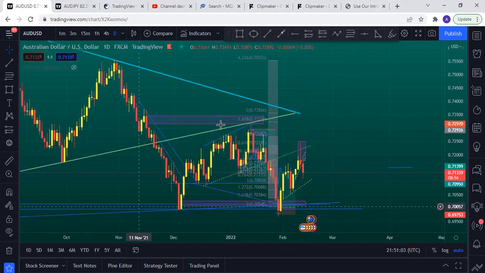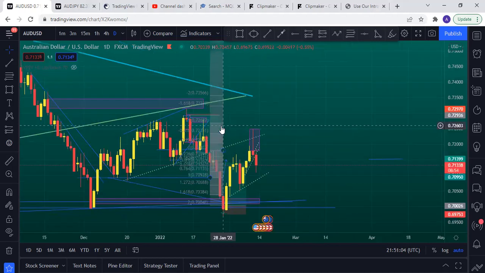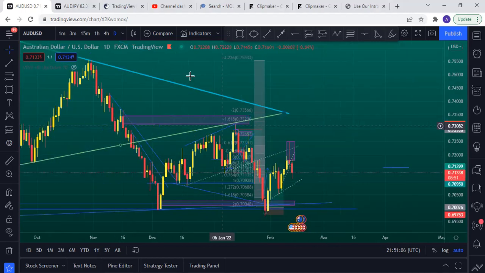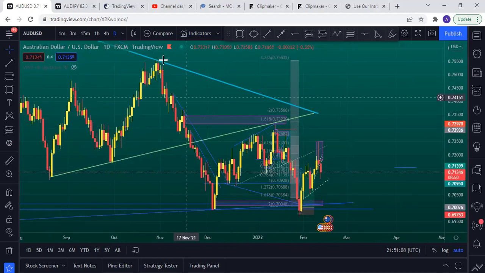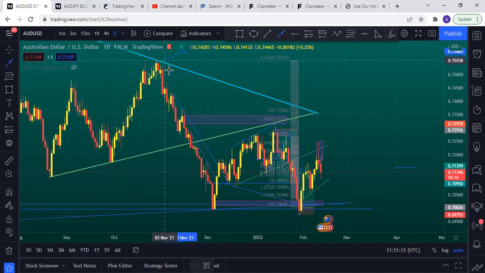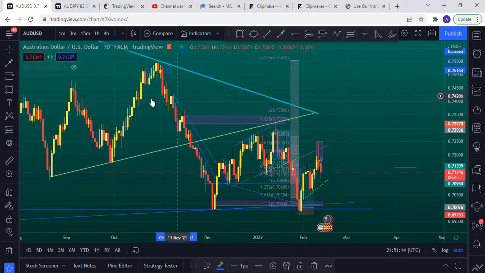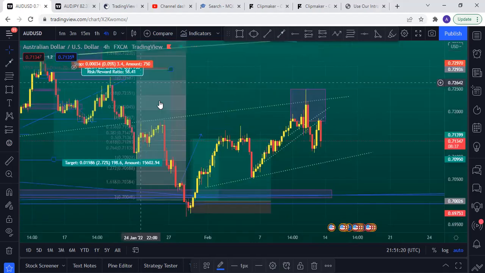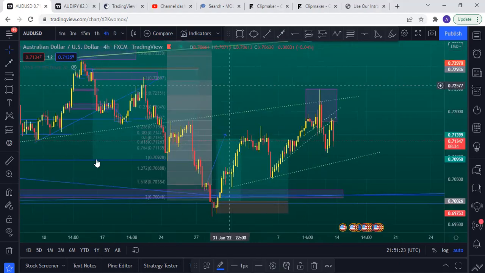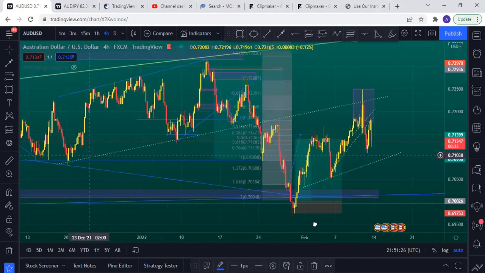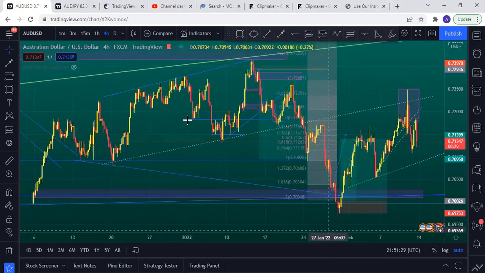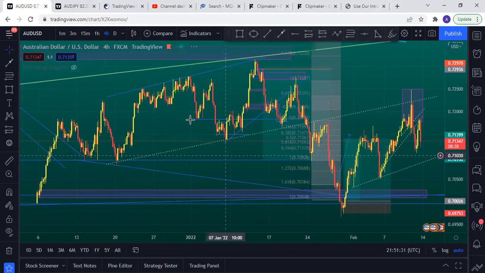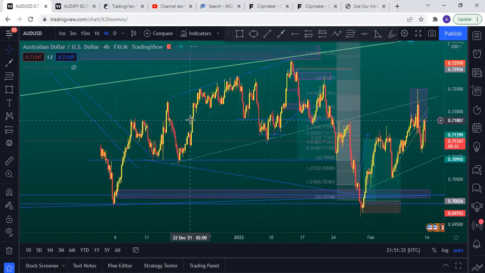Let's take this trend line, for example. Let me look for one trend line. Okay, let's take this area, for example. If we go to the 4 hours time frame, let me zoom out and take us there.